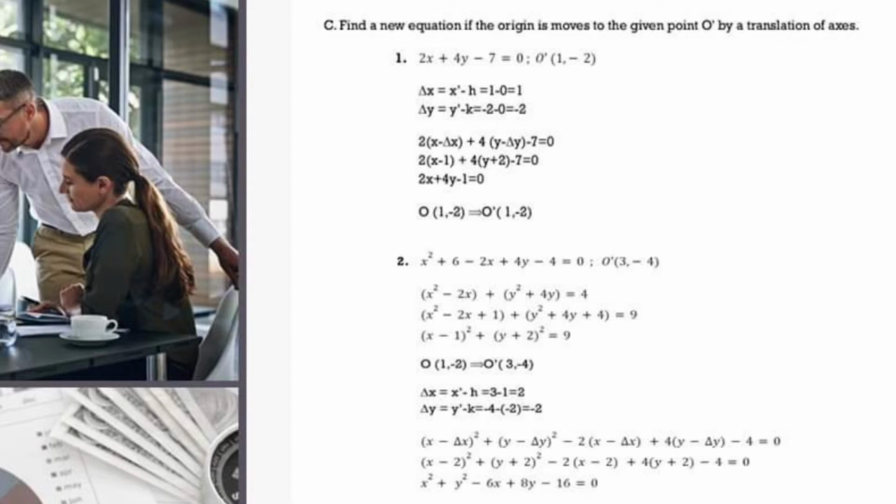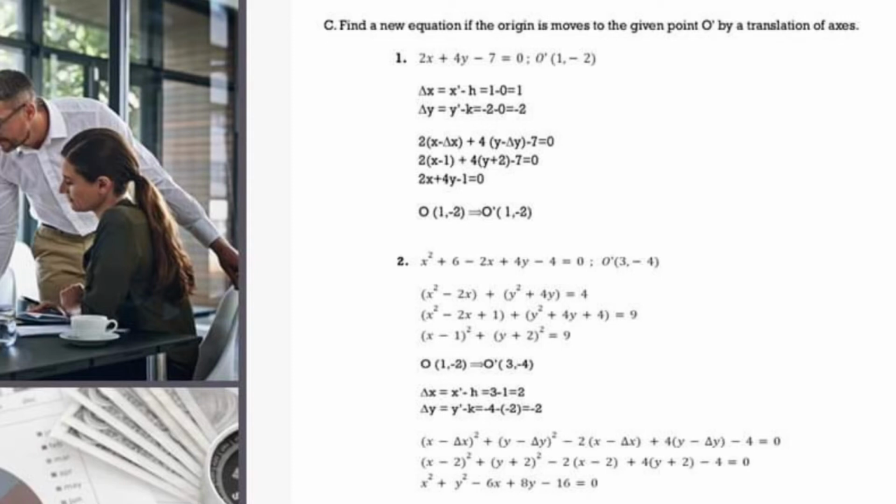Let's try another example. We have x squared plus y squared minus 2x plus 4y minus 4 is equal to 0. The origin is moved to the given point 3 and negative 4.